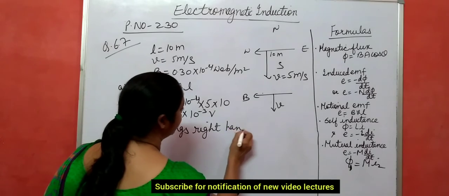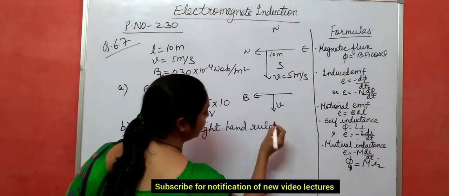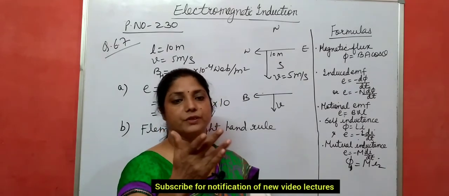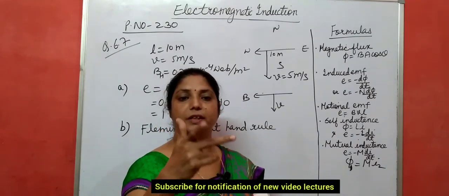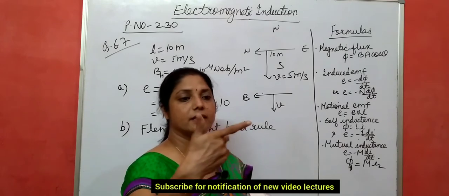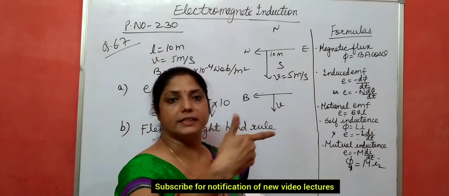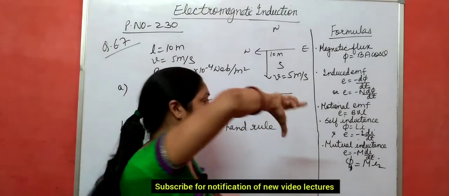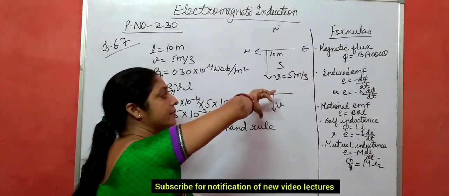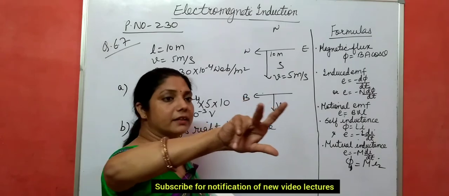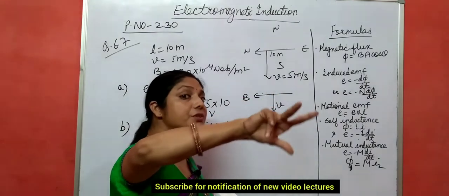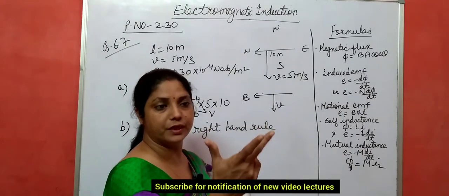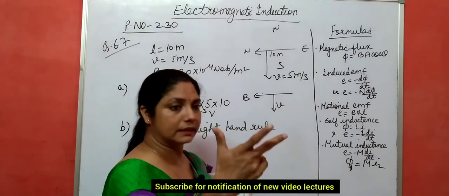According to this rule, you stretch your first three fingers: thumb, forefinger and middle finger. The forefinger is in the direction of magnetic field and the thumb is in the direction of motion. Motion is this one. Then the middle finger gives the direction of induced EMF. All three are mutually perpendicular: forefinger, middle finger and thumb.